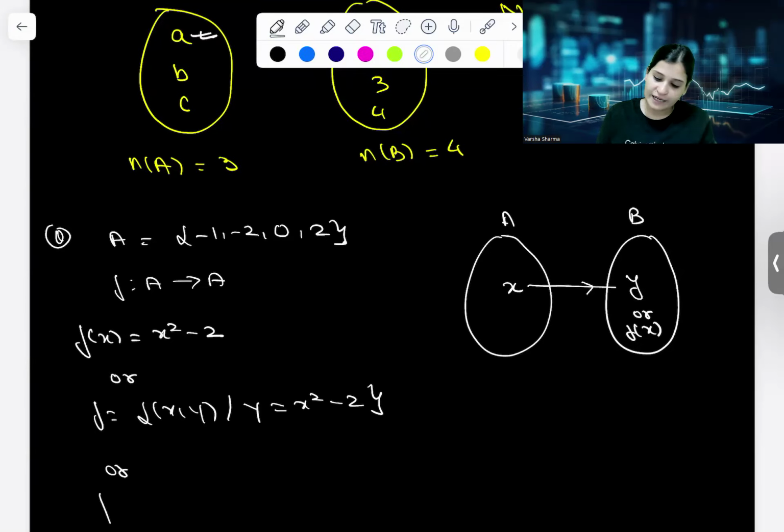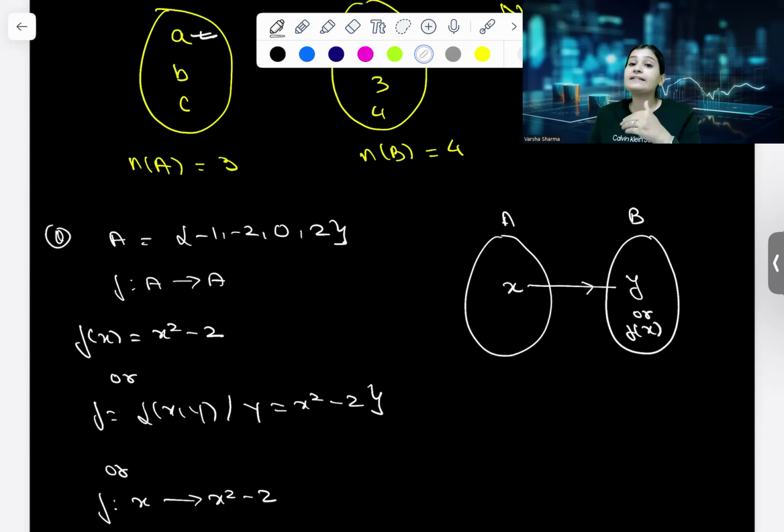Or I could have written f is from x to x square minus 2. So if the x coordinate is x, then the y coordinate will be x square minus 2. If I take the x coordinate to be 2, my y coordinate will be 2 square minus 2, which is 2.